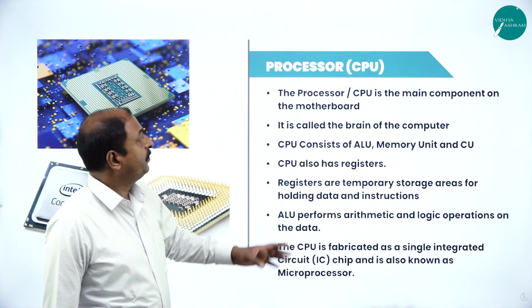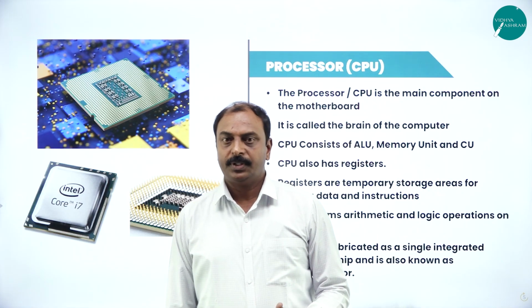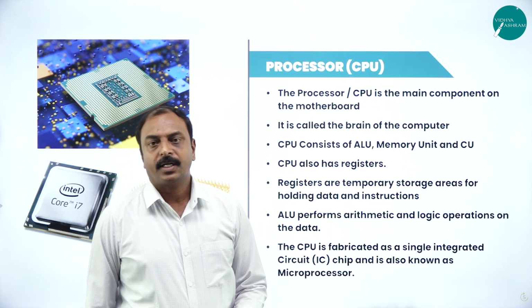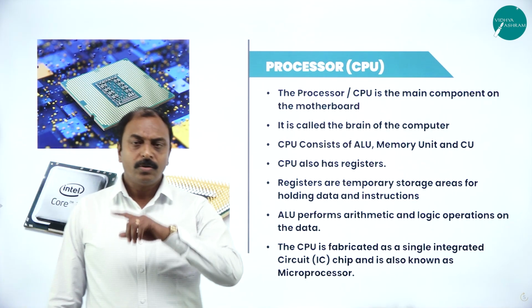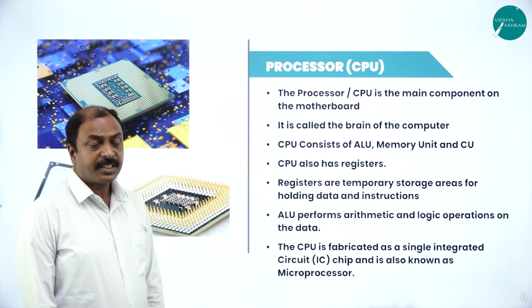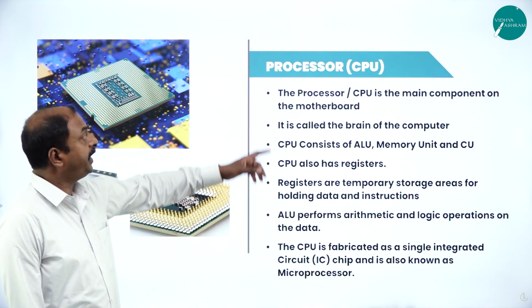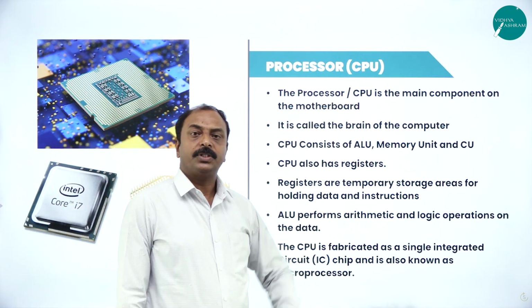We explained about the different parts of CPU, that is memory unit, control unit and arithmetic and logic unit. And all the functions you learned in previous session take place inside the processor. So this is called the brain of your computer system.